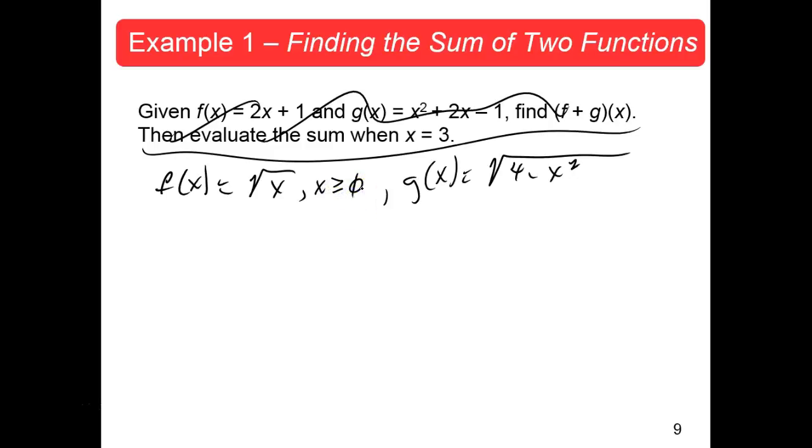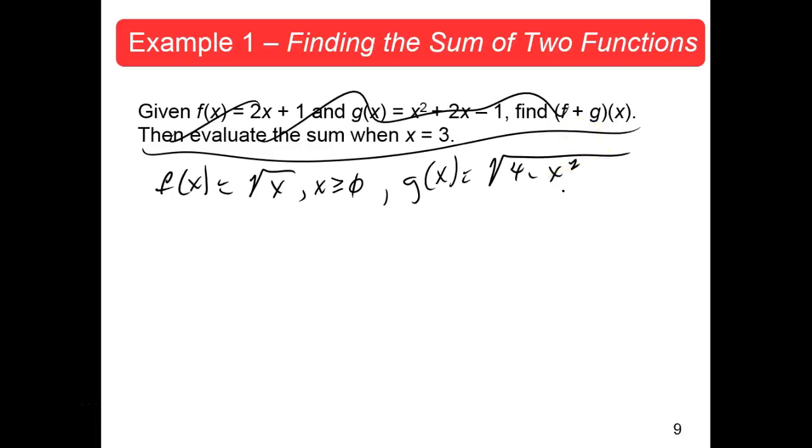How about the g? This will take maybe a few steps here. Basically, same thing he did here. If you notice what he did, he took what's under the radical, and that thing has to be greater than or equal to 0. You do the same thing there, but what does that give you?